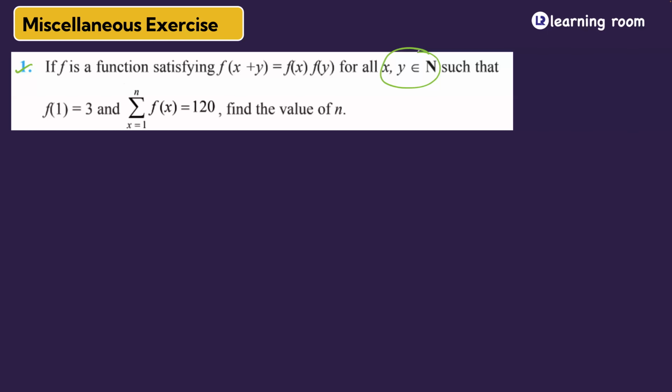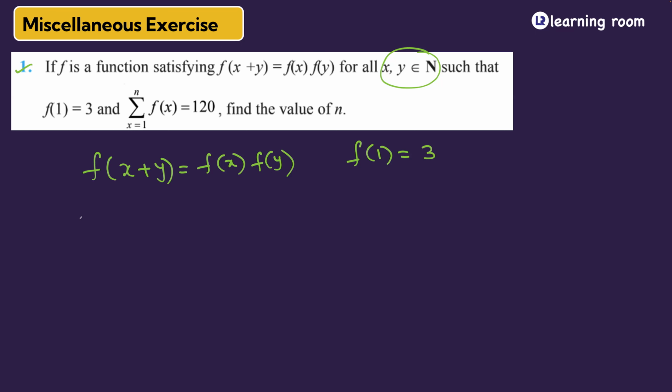So the function follows this condition. It says f of (x plus y) is equal to f of x into f of y. And x and y should strictly belong to the natural number set. They have already told us f of 1 is equal to 3.